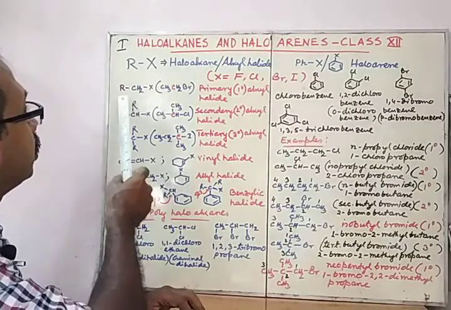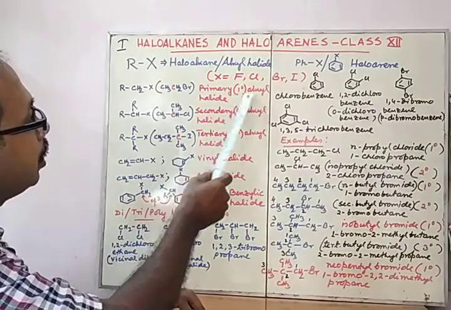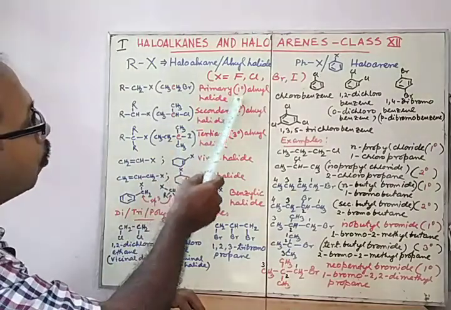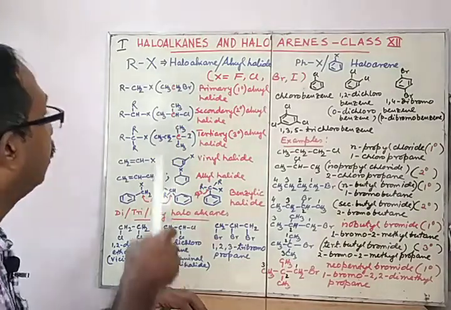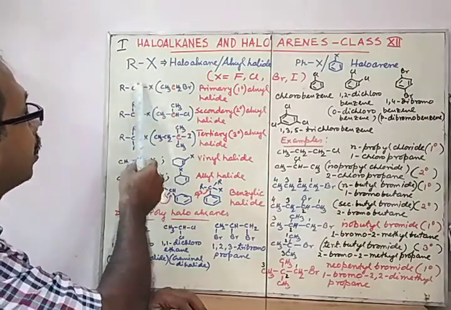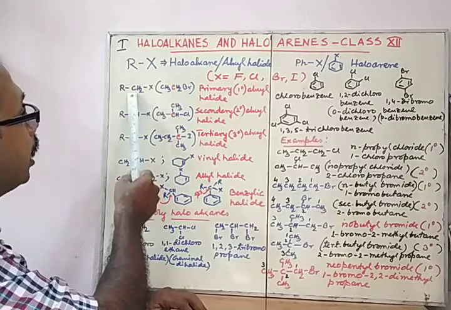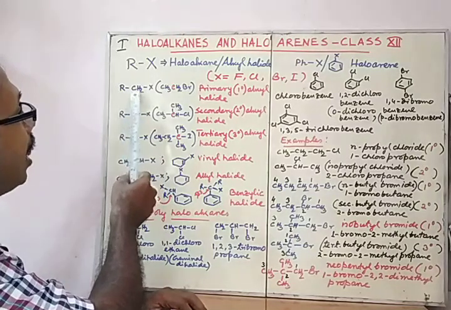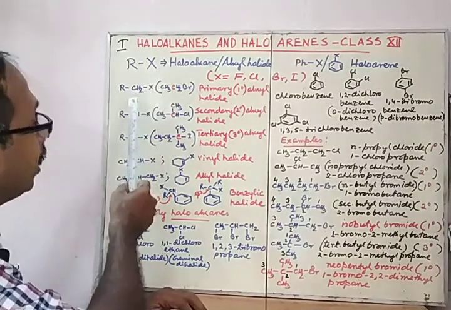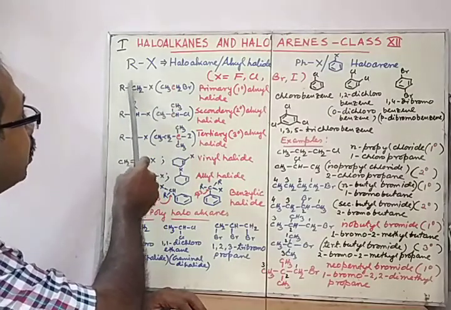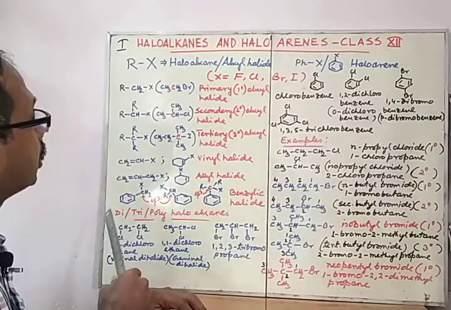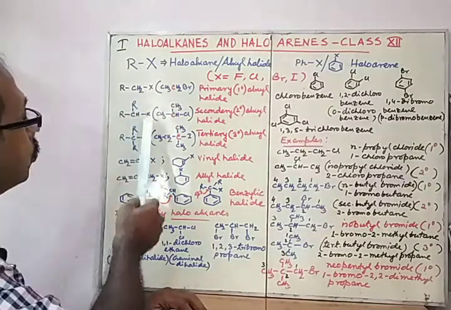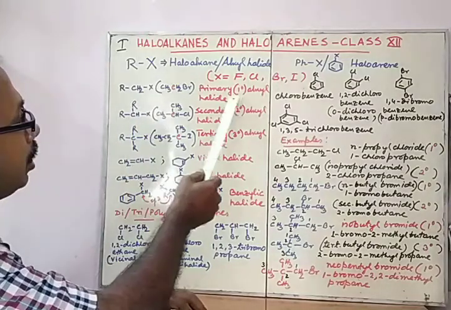This is the primary haloalkane or 1 degree alkyl halide, where the halogen is attached to the CH2 group. That means the carbon where the halogen is attached contains a single alkyl group. So that's why it is called a primary carbon, and the primary alkyl halide.